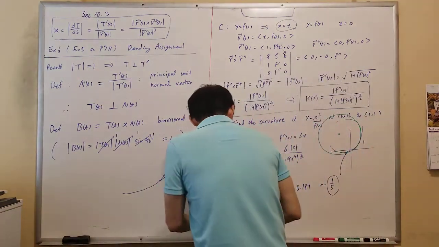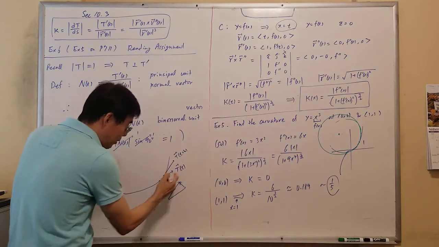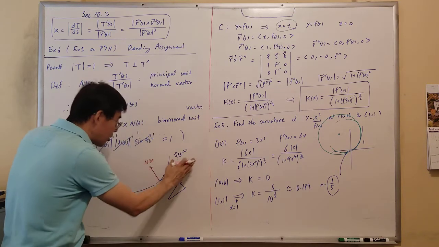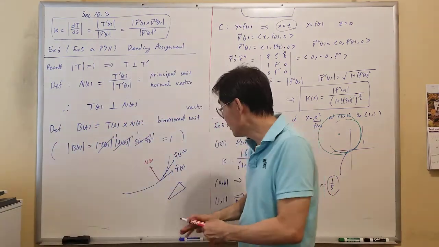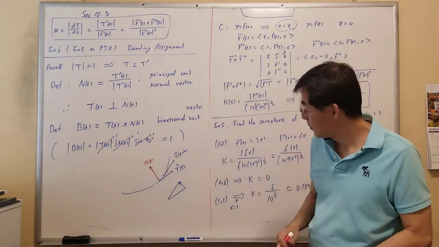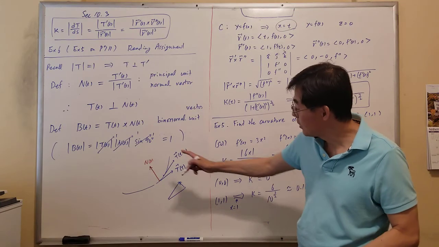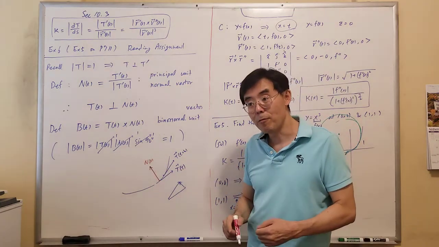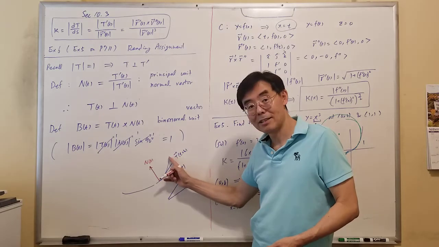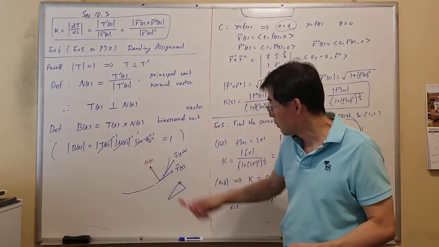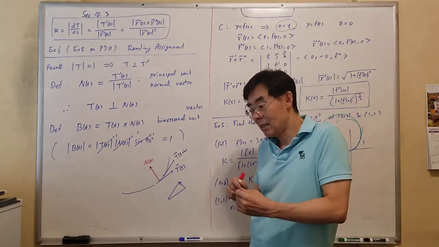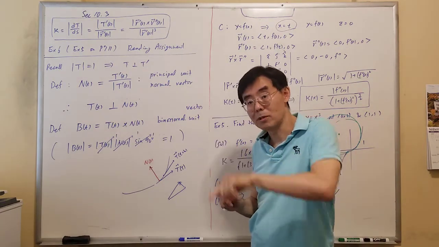The unit normal vector is perpendicular to the tangent line, or unit tangent vector, but in the direction the curve is curving. This has a relationship with the centripetal force, something which makes objects' motion curve. So N of t is not only perpendicular to the unit tangent vector, but also points in the direction the curve is curving toward.